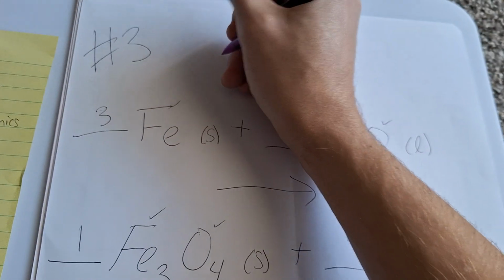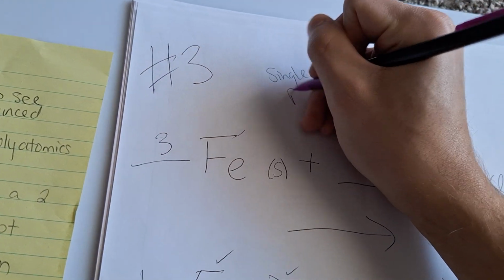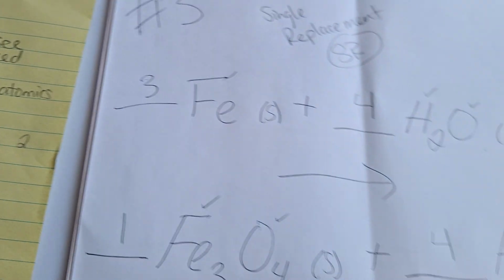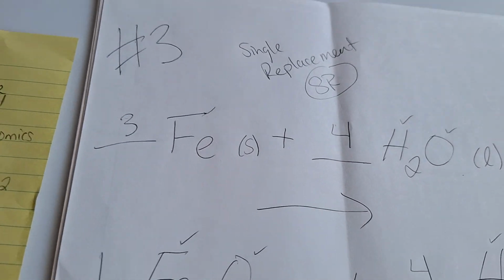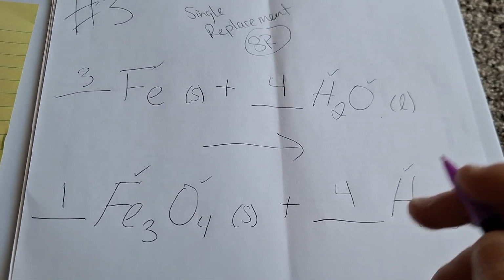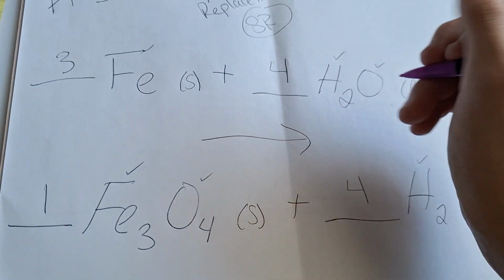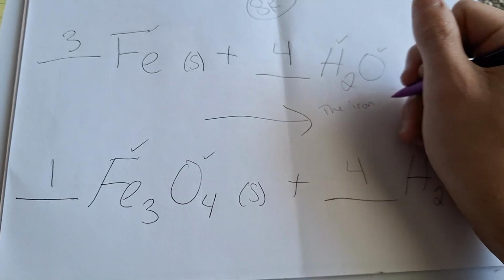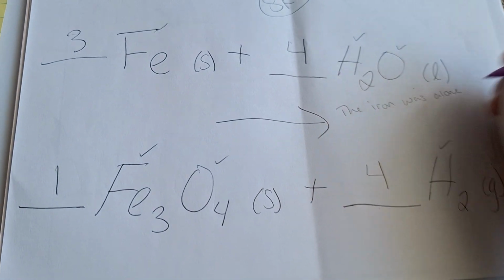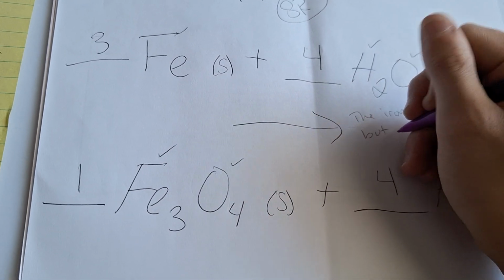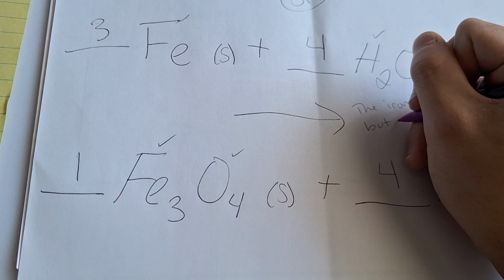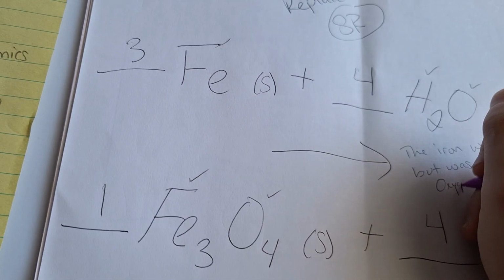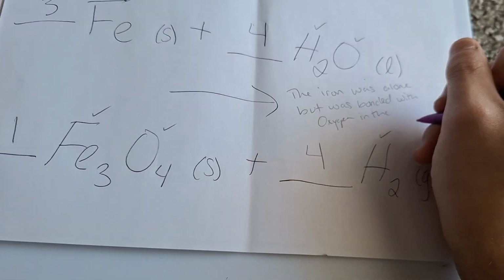So that means this is what we would call single replacement, or SR. Okay, so SR. So we only know single replacement, and our reasoning is the iron, you could say the iron was alone, but was bonded with oxygen in the products.